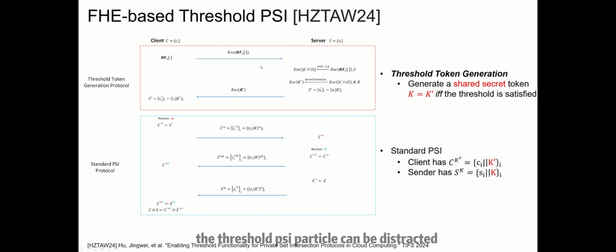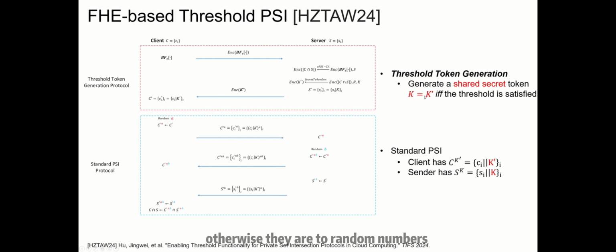The threshold PSI protocol can be structured as follows. We first use fully homomorphic encryption to design a threshold token generation protocol. At the end of the generation protocol, the client and the server have secret tokens K and K prime respectively. And the property here is that if the threshold requirement is satisfied, then K will be equal to K prime.